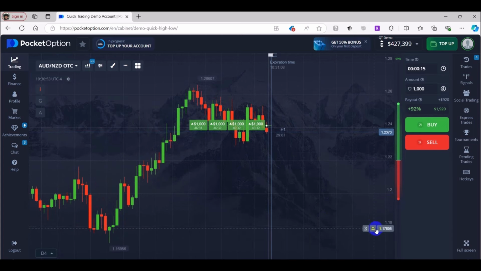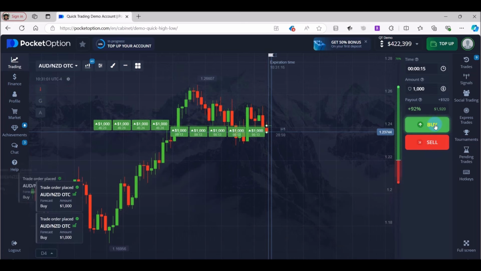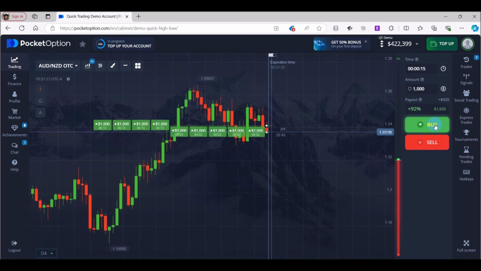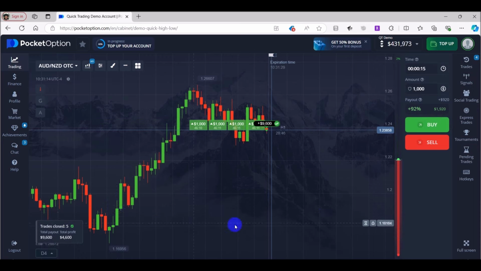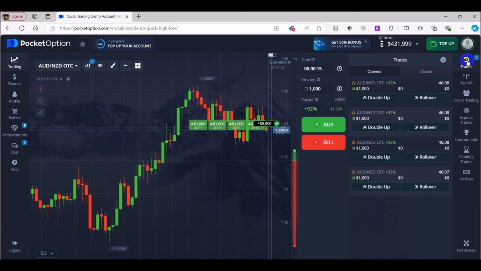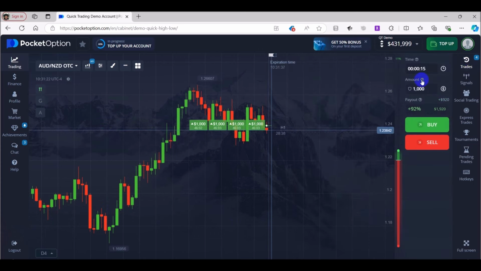Because you only got one line that's moving, and you could just focus on that one line, and you say, oh okay, it went right there, then let's take a trade. And we win those. So you could just use this line right here. I gotta figure out if we can make this line thicker.